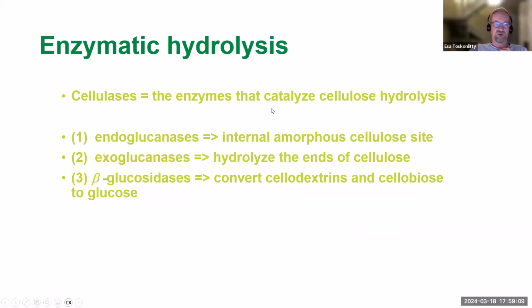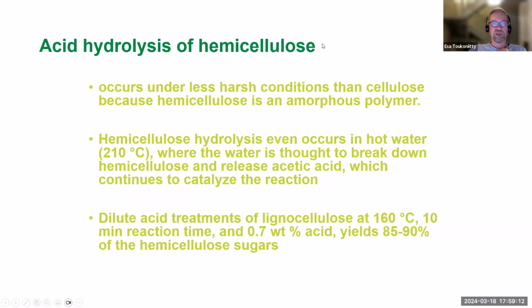Then if you want to break the hemicellulose, I already mentioned that that's the easy thing to do. So often it can be removed first. So acid hydrolysis of hemicellulose happens in milder conditions. So you can do that.